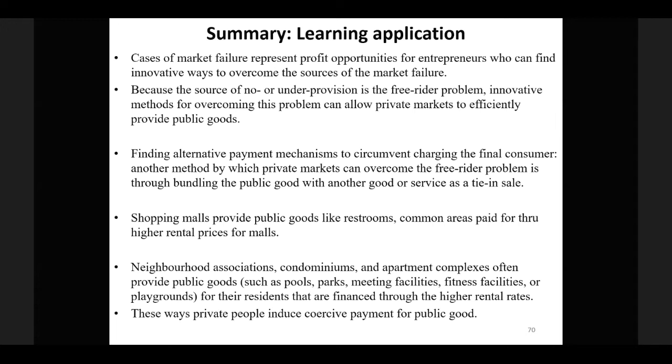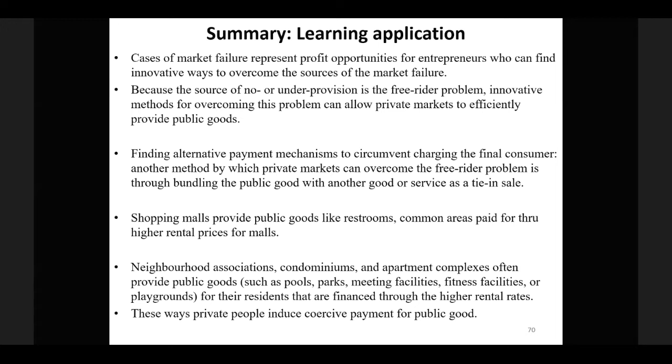So when the market fails such that there's likelihood that there will be no provision or under provision due to the free rider problem, innovative methods of overcoming this free rider problem, which causes people not to pay for it, can be explored by private markets to efficiently provide some of these public goods.